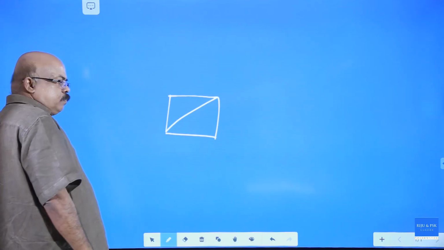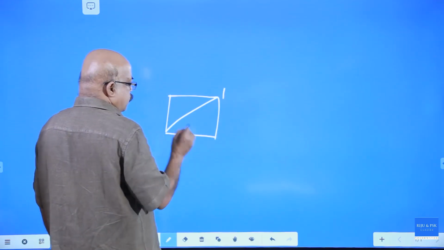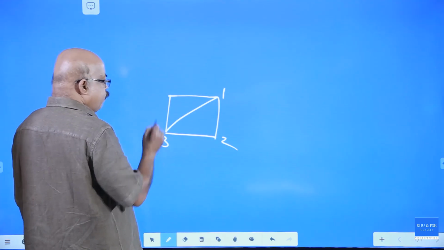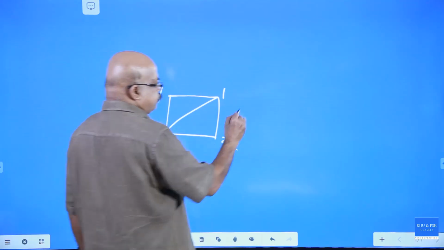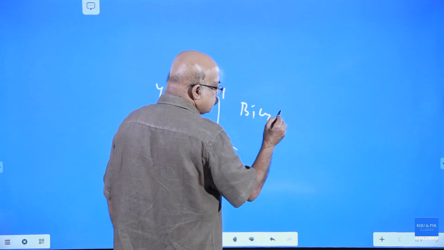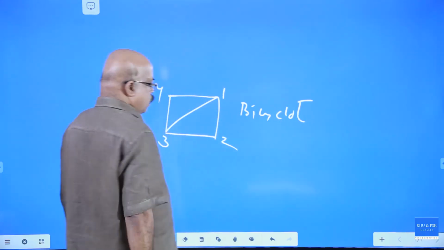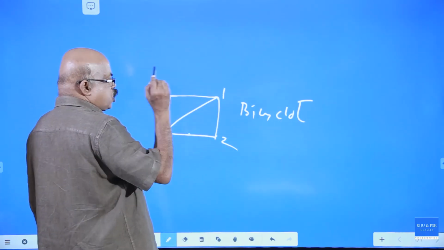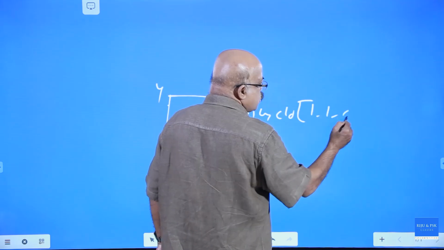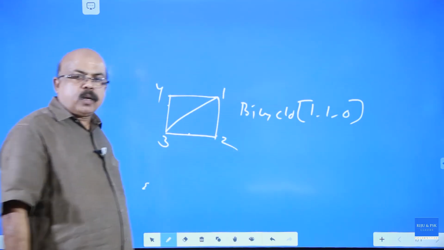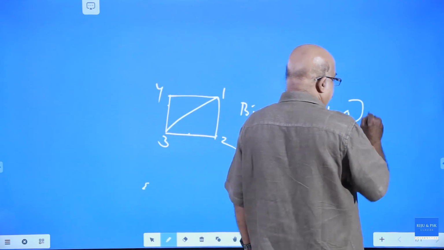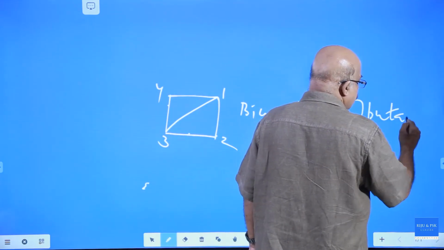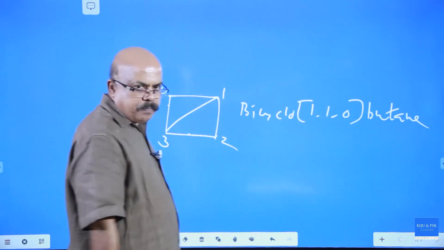Carbon bridges 1, 2, 3, 4. What is its name? Bicyclo. One carbon bridge, here also 1, and 0. Bicyclo 110. How many carbons in total for bicyclo 110 butane? Clear?